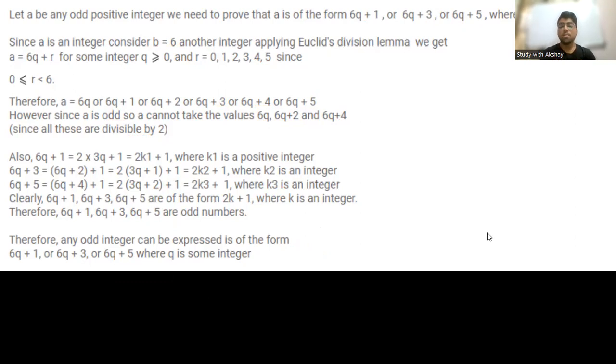Let's move ahead further to the concept. In order to solve such problems, Euclid's division lemma is applied to two integers a and b. The integer b must be taken in accordance with what is to be proved.